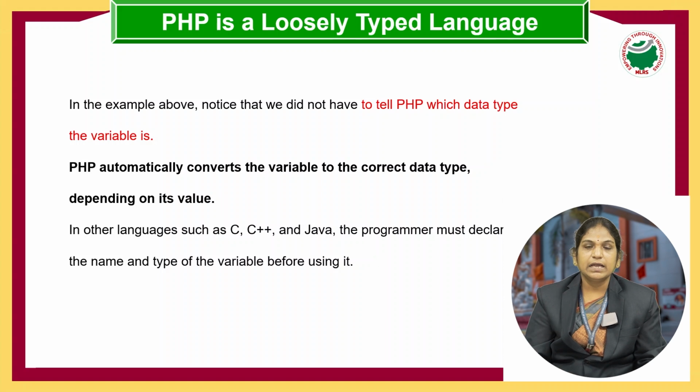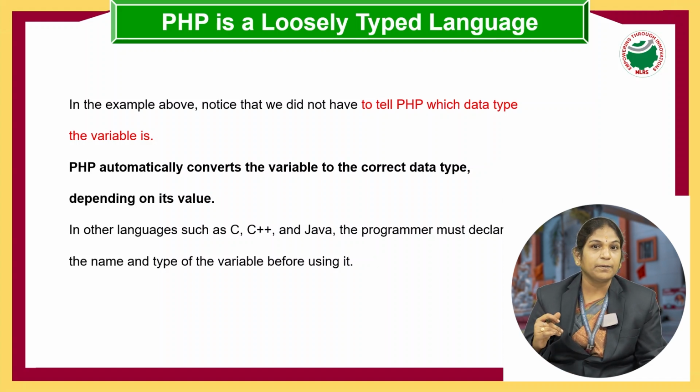Any language which does not require declaring the data type of the variable while declaring the variable itself is known as a loosely typed language. So does it mean that it does not support any data types? Just now I gave you an example that variables of different names support different types of data. But how does it know what type of data it is holding?